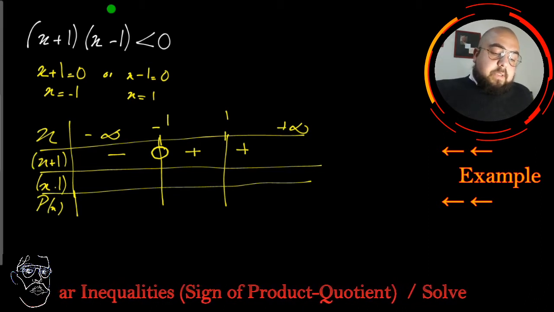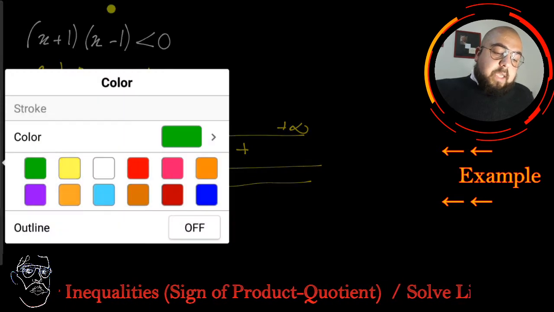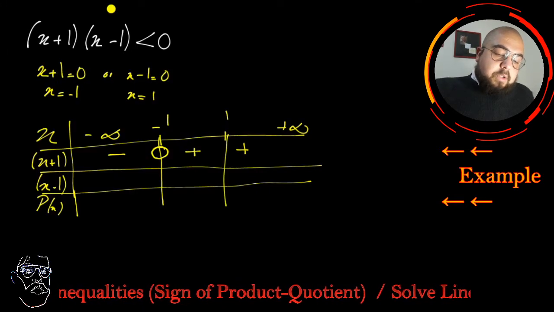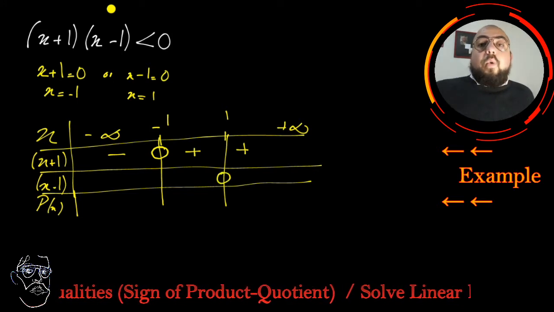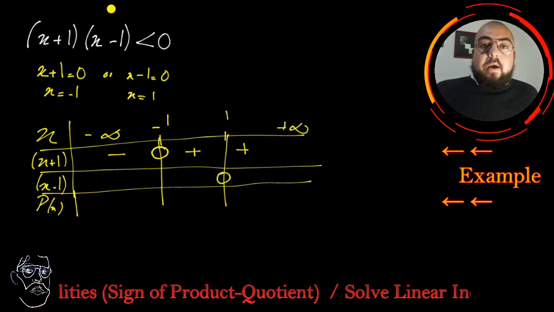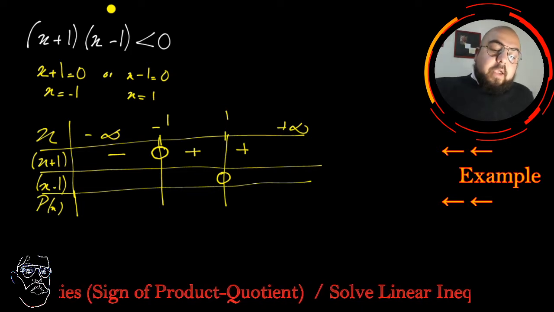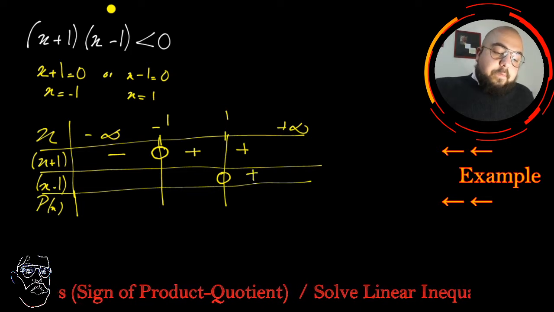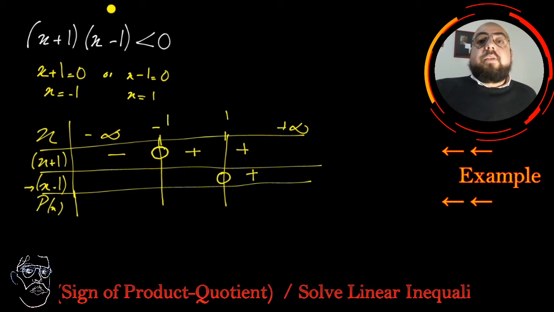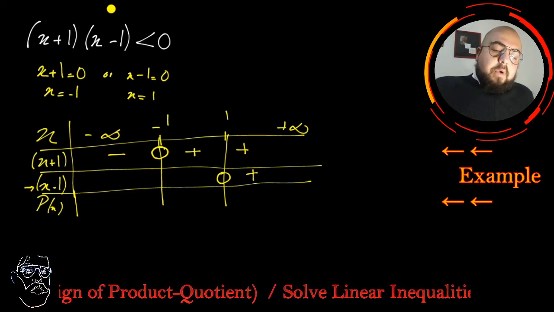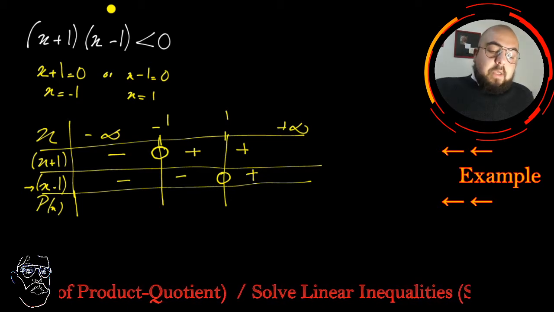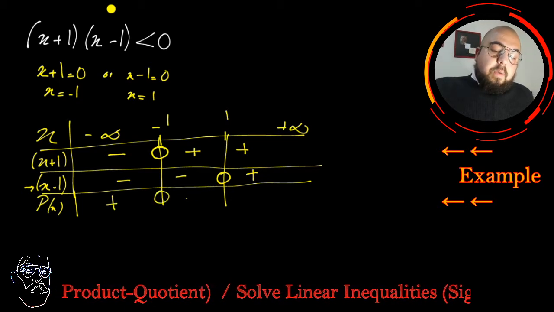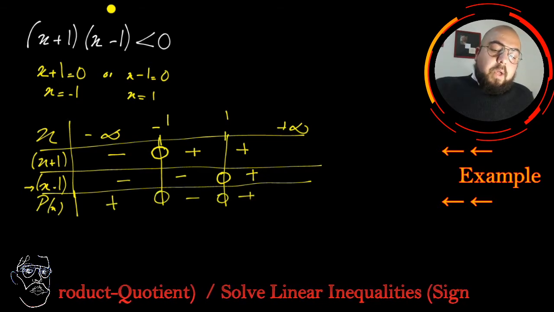Alright, let's do the same thing for the second factor, x minus 1. So x minus 1 will be 0 for 1. What sign will I have on the right side? It will be positive, since the coefficient of x in x minus 1 is plus 1. On the left side it will be negative. The product is minus times minus, plus, 0, minus, 0, plus.